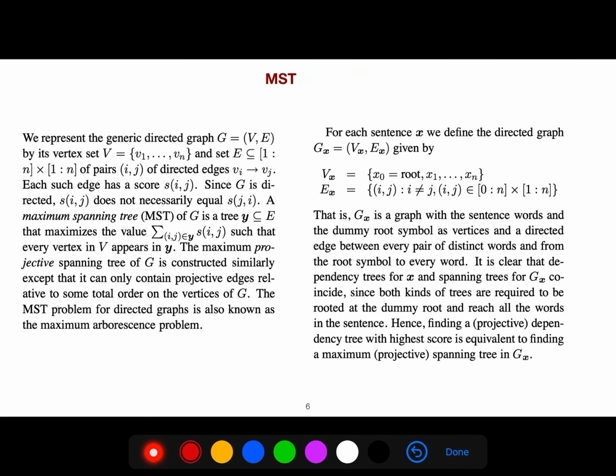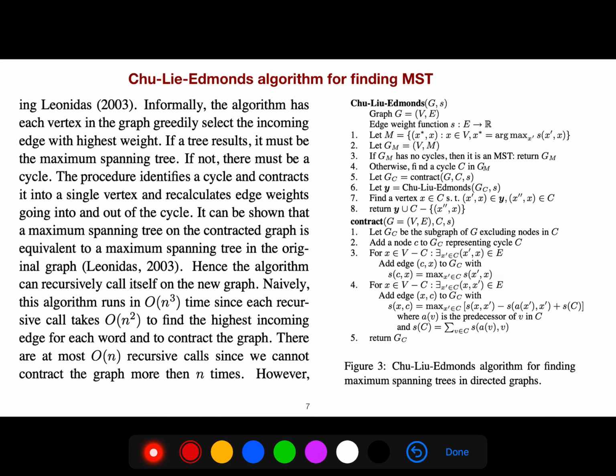We want to find the maximum spanning tree, because we need the maximum score of a tree. Any algorithm for minimum spanning trees can also be extended to maximum, no problem, by negation, we know that. And we use the CLE algorithm for finding the maximum spanning tree.